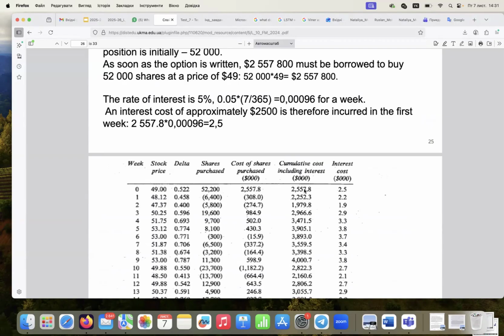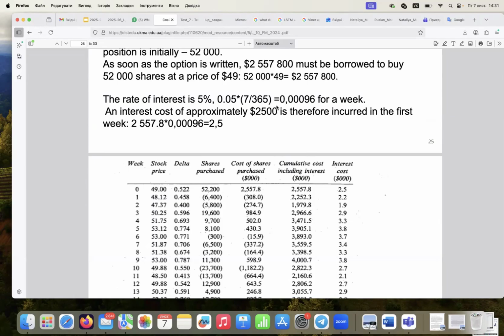It is a good hedge cost from the Black-Scholes formula. So this is our debt, with an interest rate of 5%. So every week we need to repay this sum.